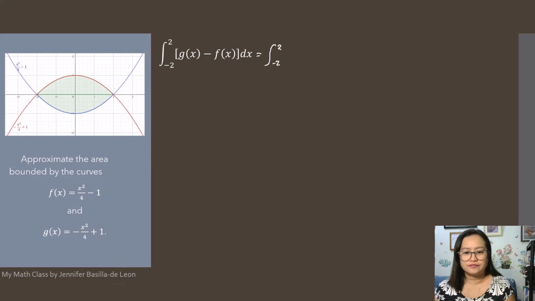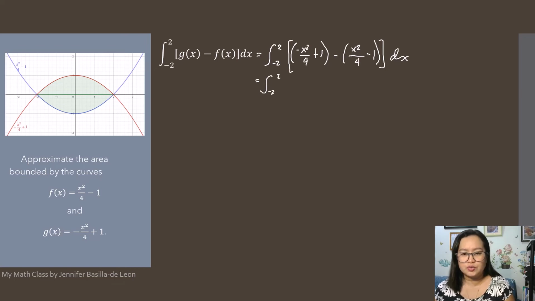So we will have negative x squared over 4 plus 1 minus x squared over 4 minus 1. And then we simplify. So we will have negative 2 to positive 2. That's the closed interval we are focusing on. Now simplifying, we will have negative 2x squared over 4 plus 2.